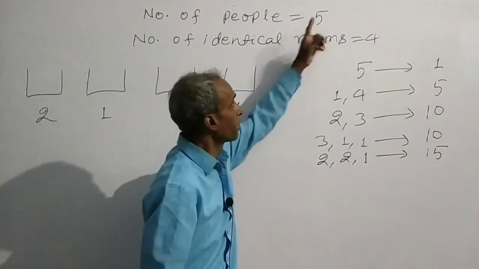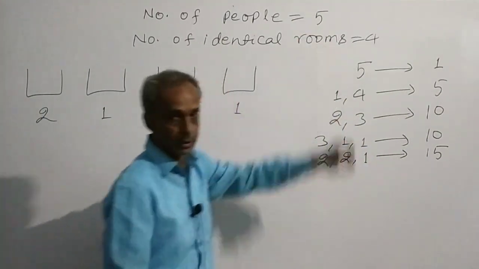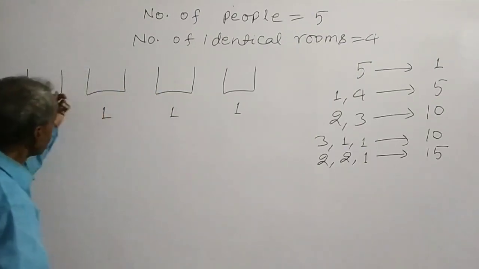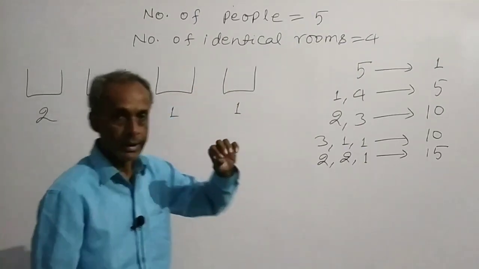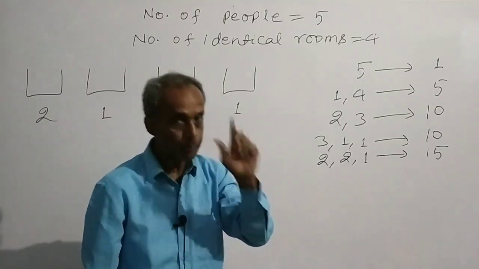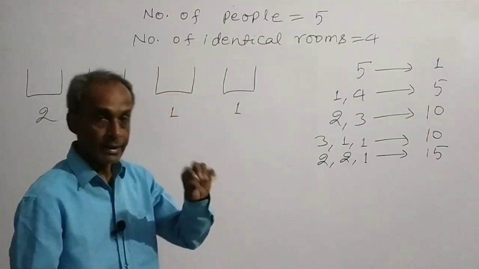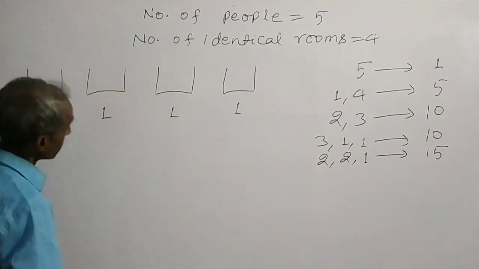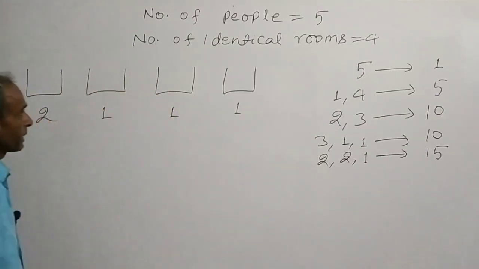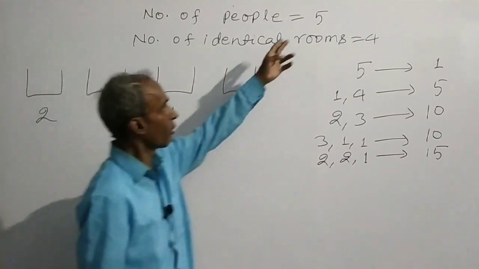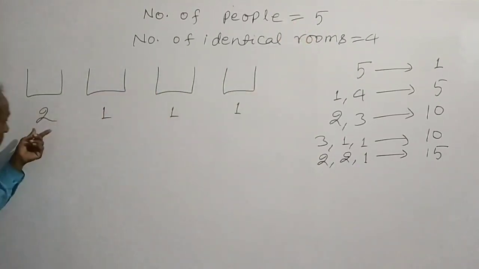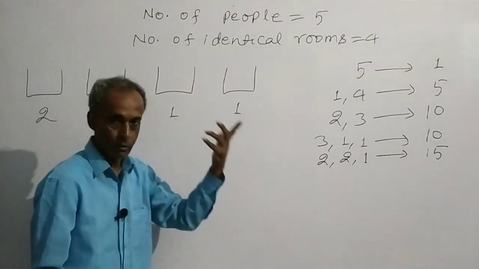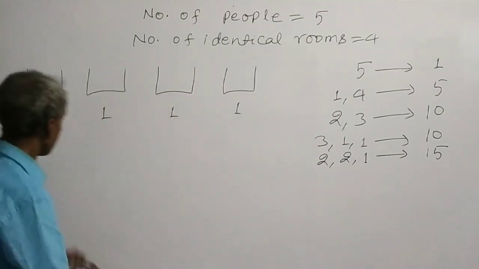There are 5 people and 4 rooms. If we put 1 person in each room, then there will be 1 person left, and that 1 person can be kept in any one room. That means distribution of people can be made in numbers 2, 1, 1, 1, only this way.